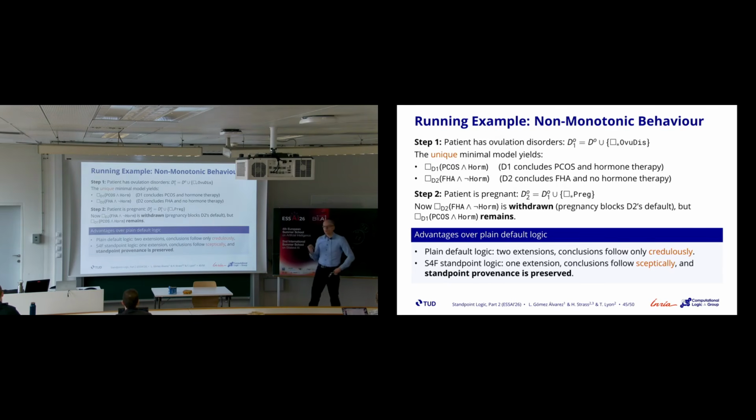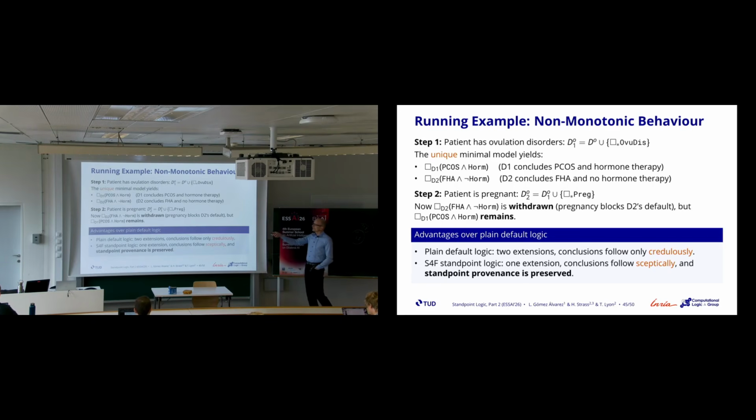Right? So we could also have expressed the same example in plain default logic without any standpoints, but then we would have obtained two extensions due to the case that one default concludes hormone therapy, the other default concludes no hormone therapy. So we would have had two extensions, and essentially we would have had only conclusions that follow credulously.